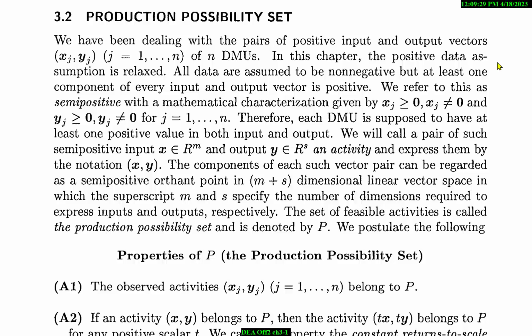So if we assume as before that the inputs and outputs of DMU j are xj and yj, j from 1 to n for n DMUs, the production possibility set contains these DMUs plus some other pairs that do not exist, but it can be assumed that such pairs of inputs and outputs can indeed exist.